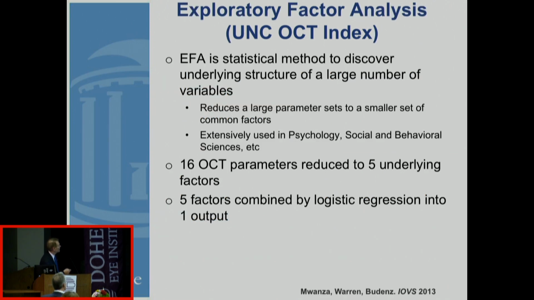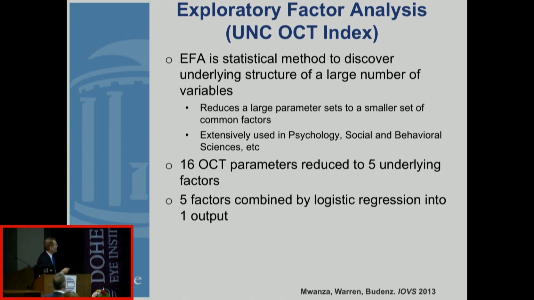And so this exploratory factor analysis is a statistical method to decide whether 1 plus 1 equals 2, which would mean the retinal nerve fiber layer being abnormal plus the ganglion cell being abnormal increases the probability of glaucoma, or does 1 plus 1 equal 1, in that we're measuring the same thing, a positive retinal nerve fiber layer that's connected to those ganglion cell bodies doesn't increase the probability that you have glaucoma.